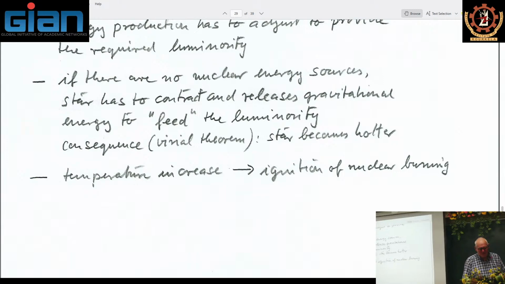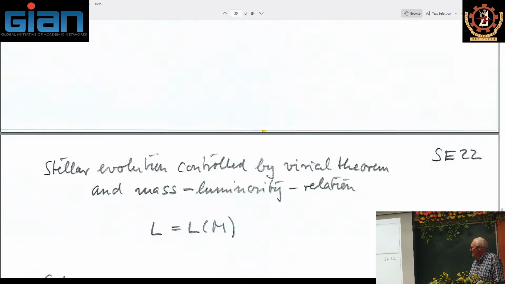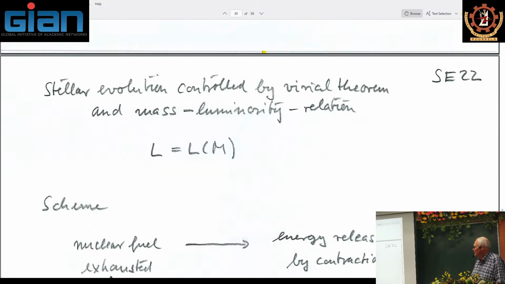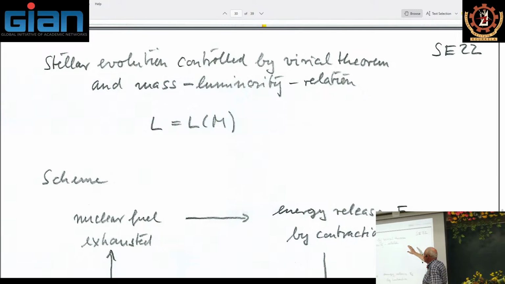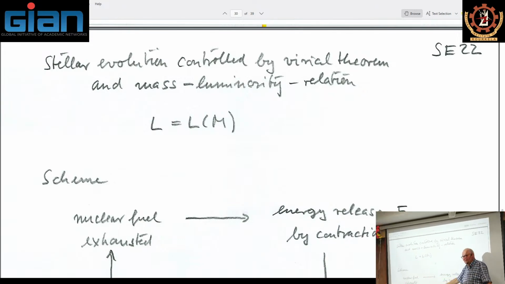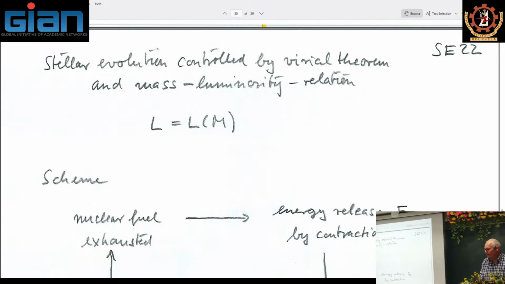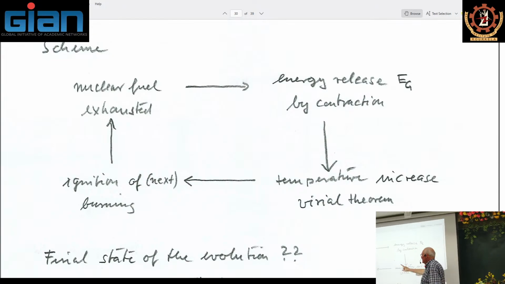Okay, so we have the situation then, how stellar evolution will proceed. Well, there are two main ingredients. This is the virial theorem and the mass luminosity relation. So stellar evolution, according to what we have seen now, proceeds in the following scheme. Let's start here at the left upper corner.